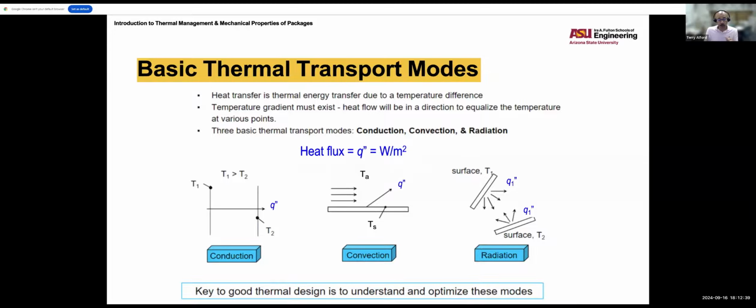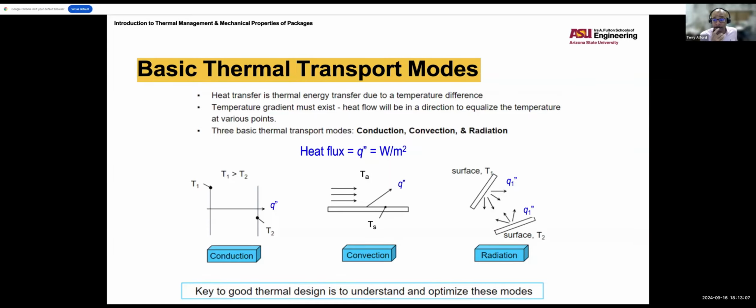Just like in diffusion, a gradient in the chemical potential is the driving force for diffusion. In heat transfer, the driving force is a temperature gradient. That means T1 has to be greater than T2. If T1 is equal to T2, there's no driving force, so there's no need for heat transfer.